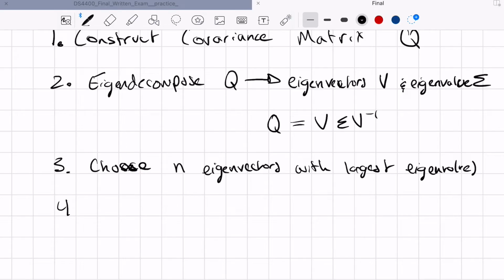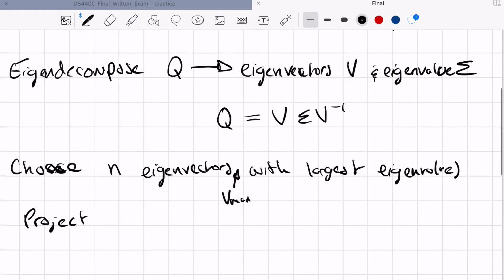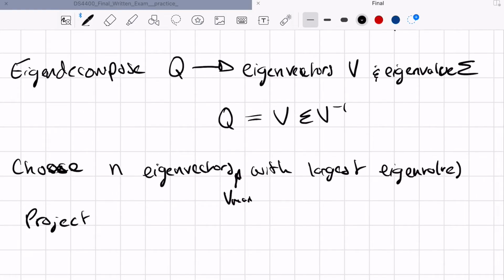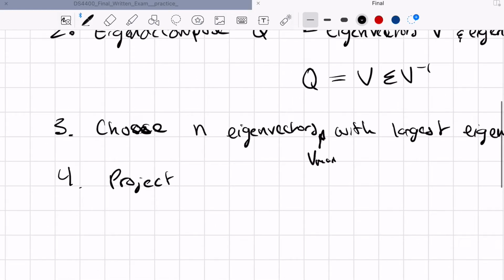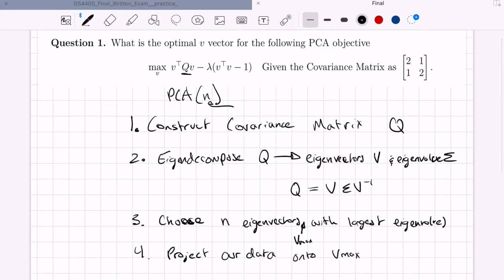And then finally, project. I'm going to call this V max. These are the eigenvectors with the maximum eigenvalues. Then we're going to project our data onto V max. So this is the PCA objective.